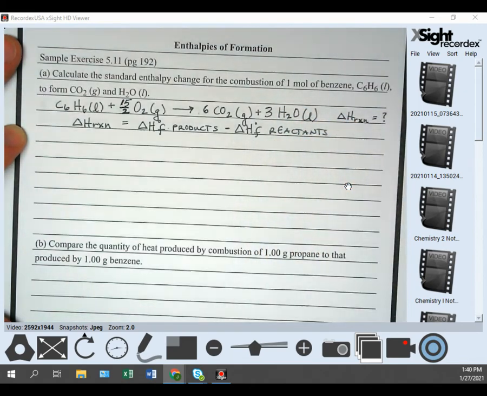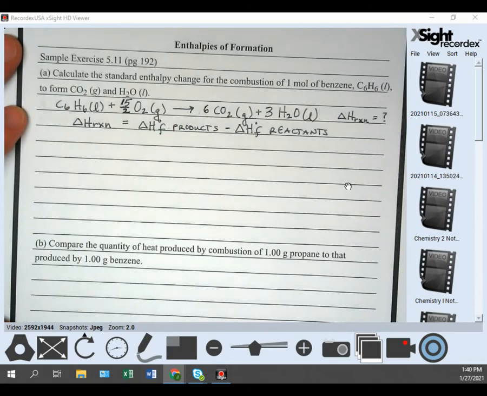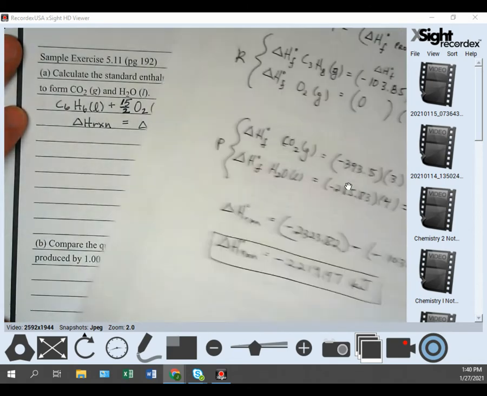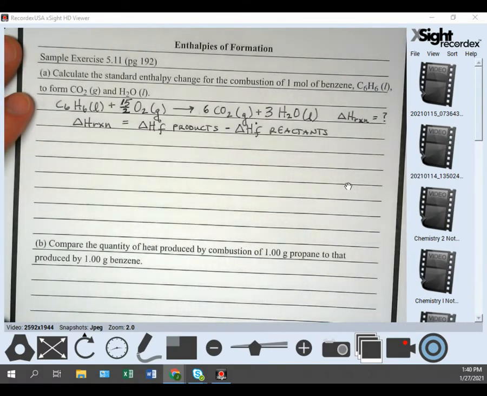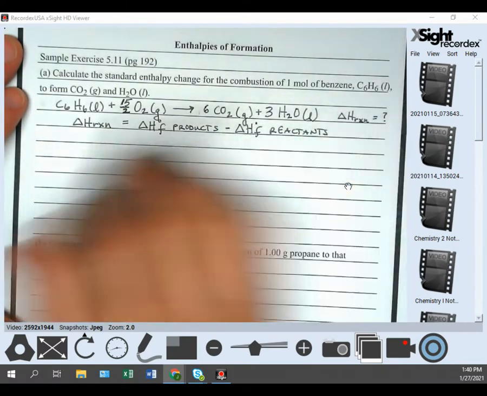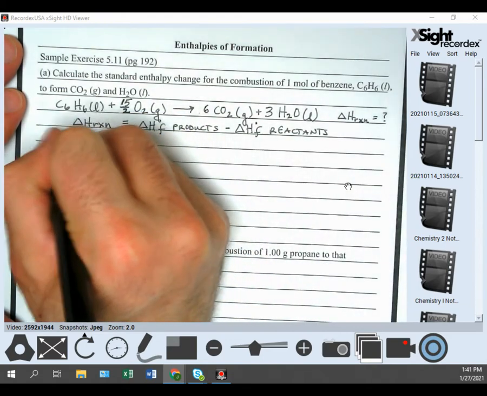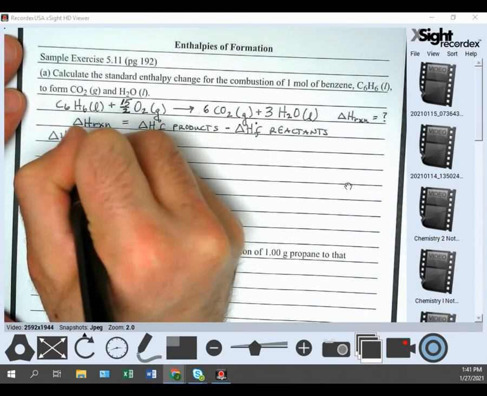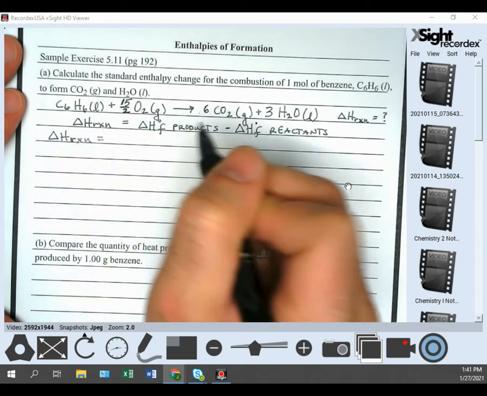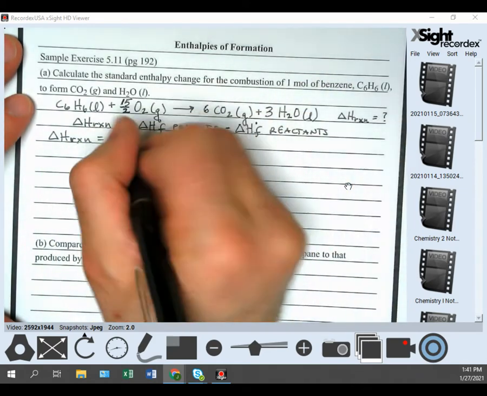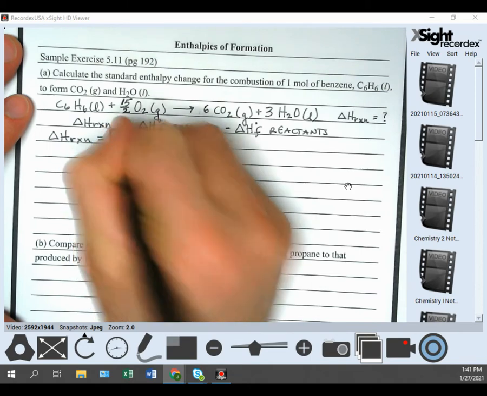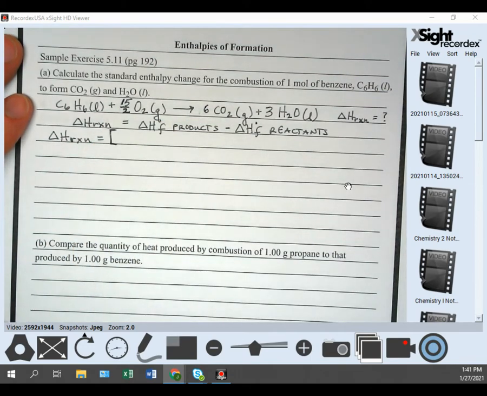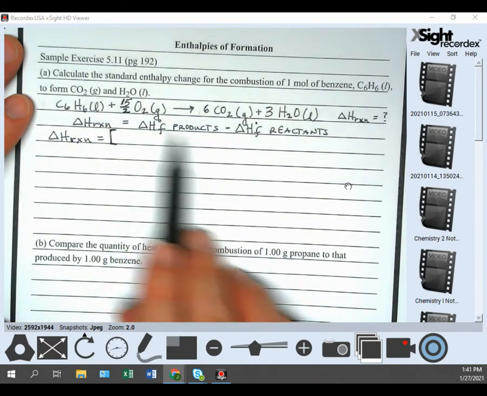Now, we don't have to do it out like we did this one. I mean, you can if you want, but you can actually do this just sort of horizontally, like this. Delta H of reaction equals. Okay, now I'm gonna put brackets to kind of keep myself organized here. So like this, and I'm gonna do my delta H of formation for my products.